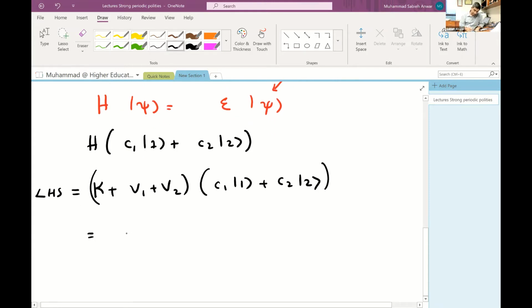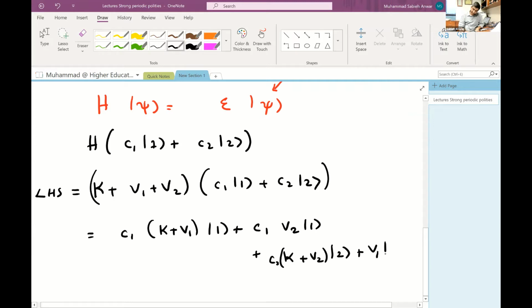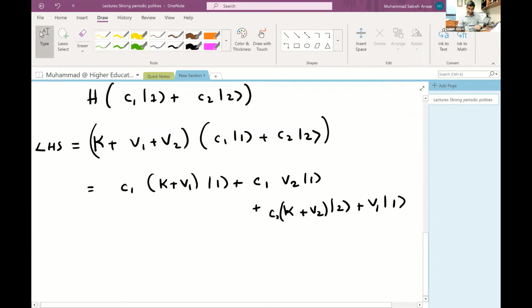So what we could do is write this in this form: K plus V2 acting on ket1, plus K plus V2 acting on ket2, plus V1 acting on ket1. All right. Now comes the really interesting part. Let's find the projection of the left hand side on ket1.